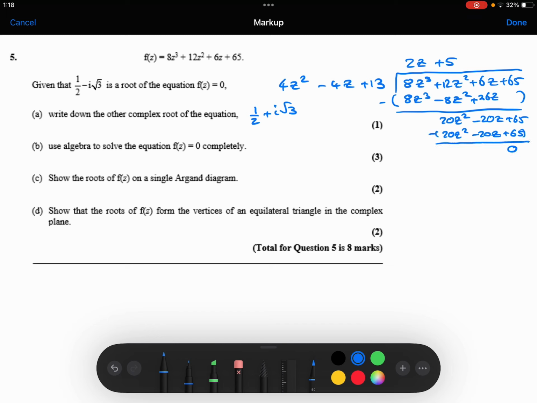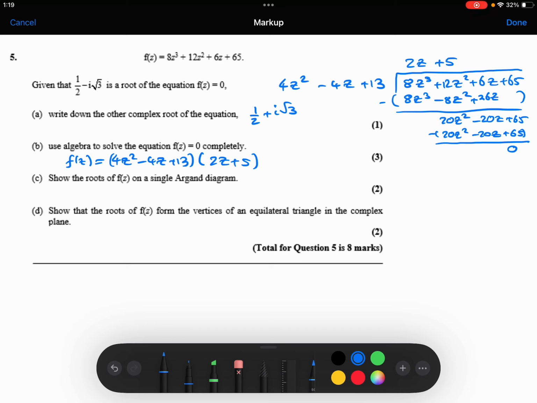And we can see that thankfully gives us 0 as our remainder, so we know that we've done that correctly. And therefore our function f of z can be written as the quadratic 4z squared minus 4z plus 13 multiplied by the 2z plus 5.